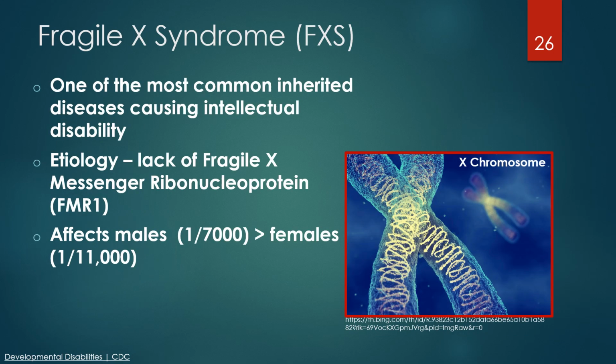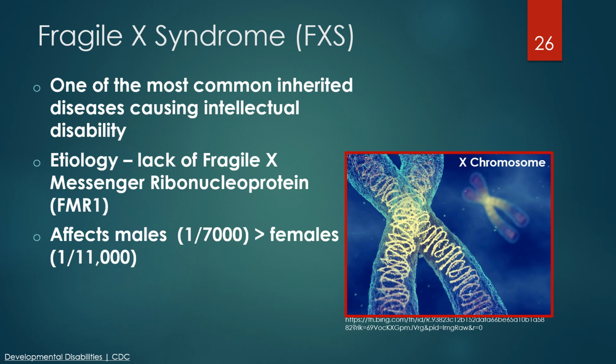Fragile X syndrome, FXS, is one of the most common causes of inherited intellectual disability. FXS is a genetic disorder caused by changes in a gene called Fragile X messenger ribonucleoprotein 1, FMR1. FMR1 makes a protein that's needed for brain development.